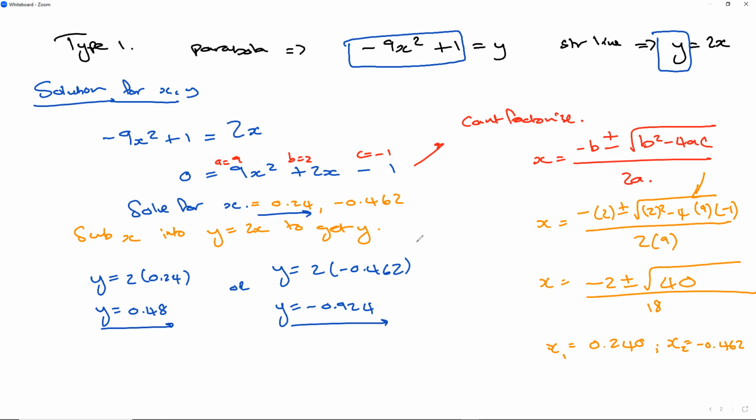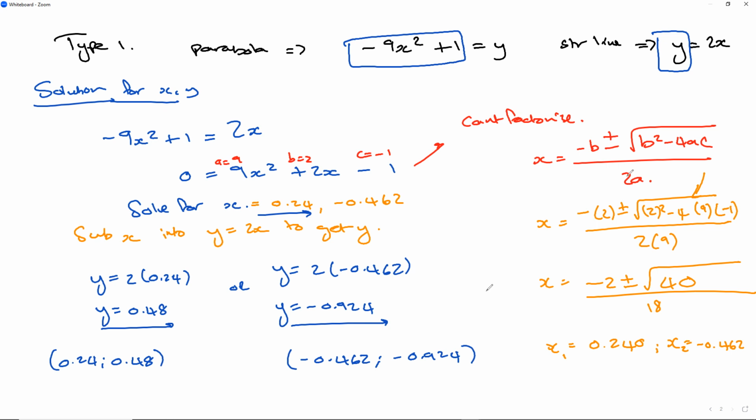And so for that, I can get two coordinates. The first coordinate is x equals 0.24 and y equals 0.48. The second coordinate is x equals negative 0.462 and y equals negative 0.924. Okay, and I've now solved it.